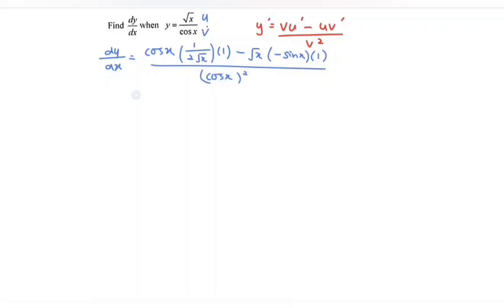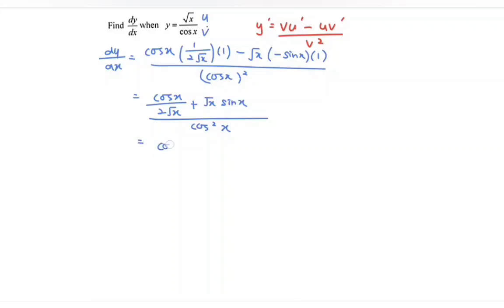Simplify the situation, we have the cos x over the 2 sec x minus become plus, we have the sec x sine x over the cos square x. Rewrite the situation, or we can say equal the denominator for the numerator part.